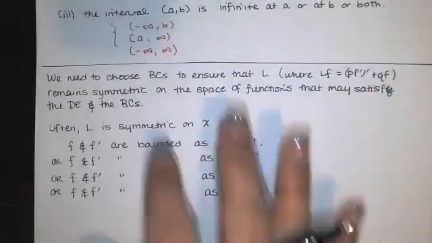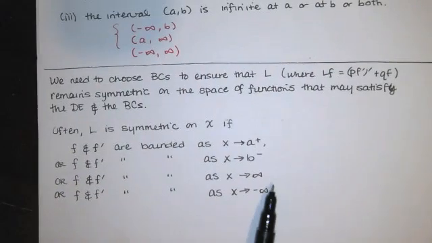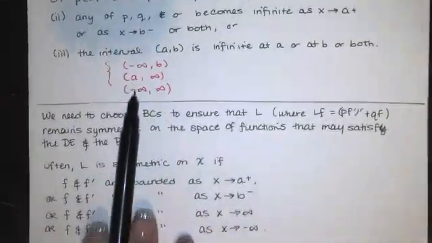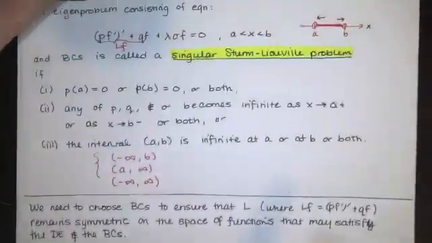And of course, this depends on the nature of the interval that we're interested in. If the endpoints are plus or minus infinity, one or both of those is infinite, we're going to need a condition like this.